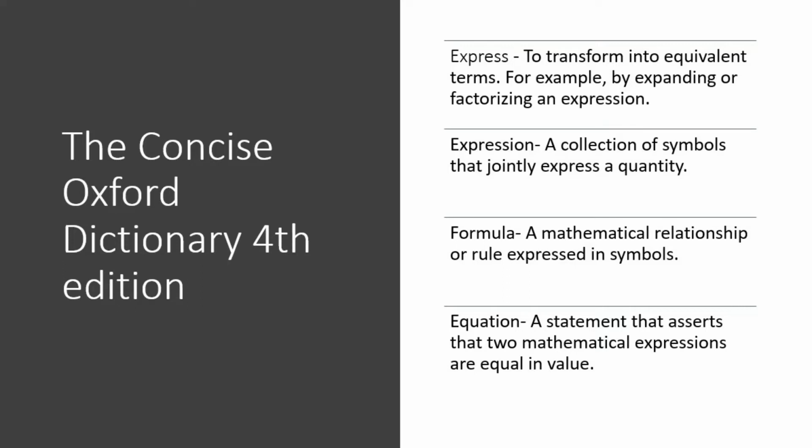Of them, expression is not the same in every equation. They are all equations, but in some sense they are not all the same equation. Formula seems to be the only definition that is the same throughout all four of the forms of the equation.